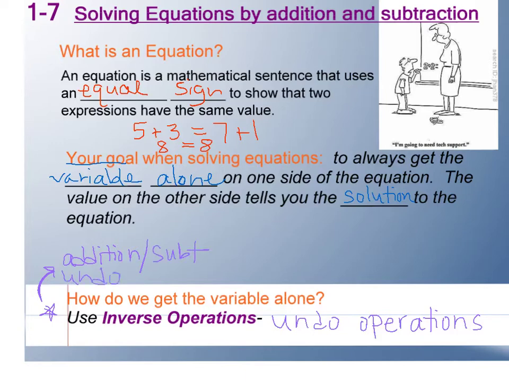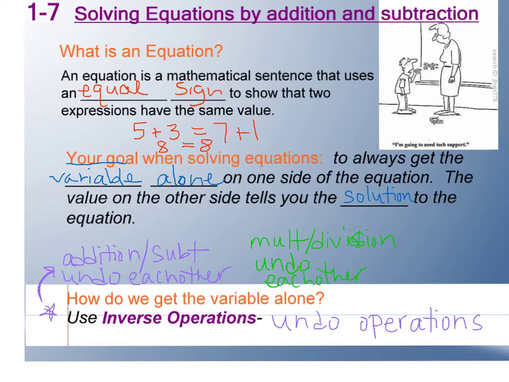And then we also have multiplication and division, and those operations undo each other. So if we multiplied something by 3, to undo the multiplication of 3, we would divide to get that 3 away. So multiplication and division undo each other. And then one that we're going to get to later on in this year is square rooting numbers.